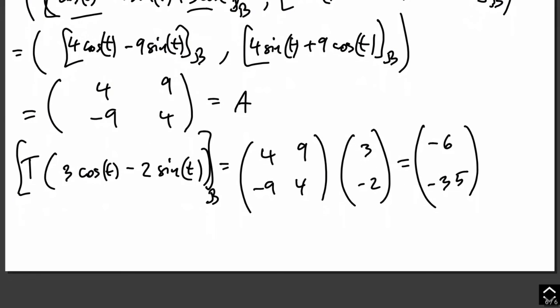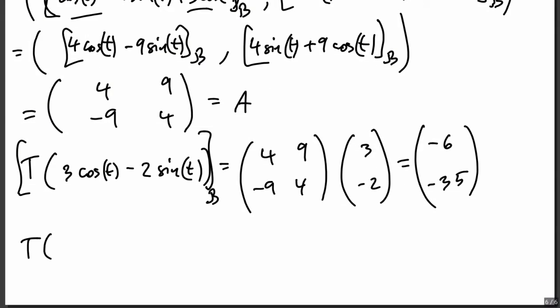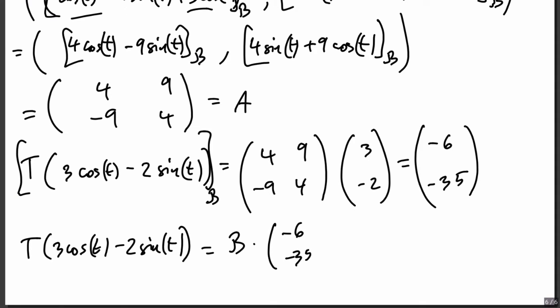So in fact, if you want to get the actual result of this differentiation, then we have to multiply this coordinate matrix from the left with the basis. So what we get is then minus 6 cosine of t minus 35 sine of t.